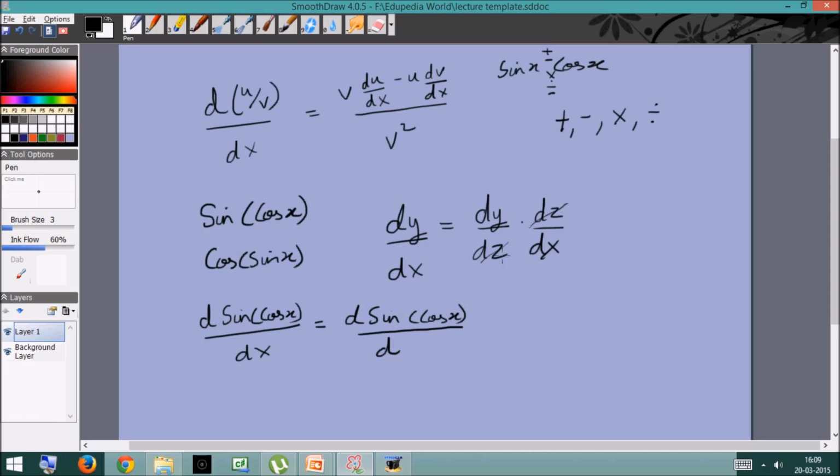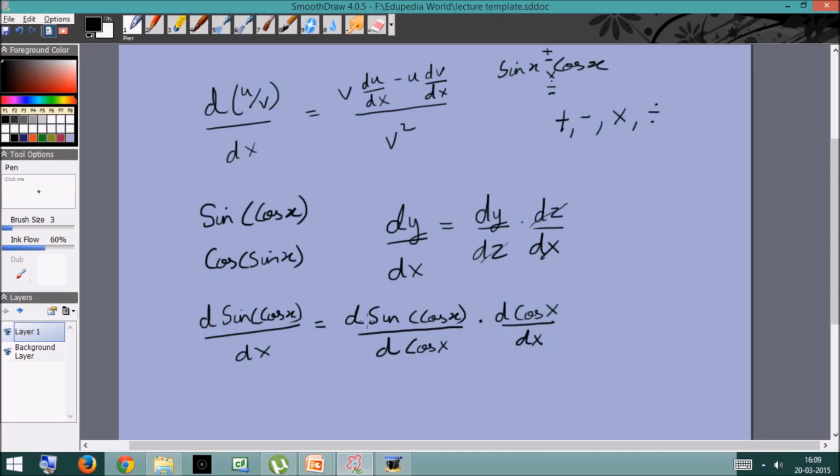We could take z to be anything, but we want to take z to be a certain thing so that we know these two derivatives. So in this case, we'll take it to be cos x. How I got cos x, you don't need to ask right now. After a little bit of practice, you'll be able to do that on your own.